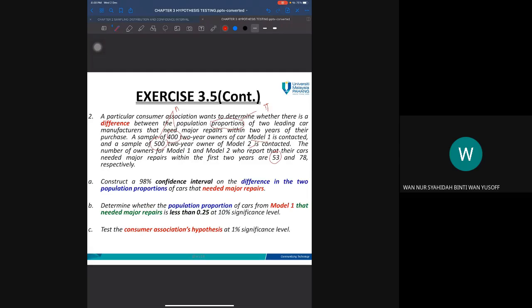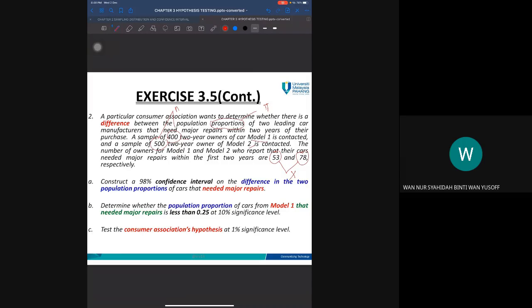So 53, 78, they are X. If you have 53% and 78%, they are P. So no need to convert, no need to find the X and then divide by N. If you already have the P, then use it as it is.